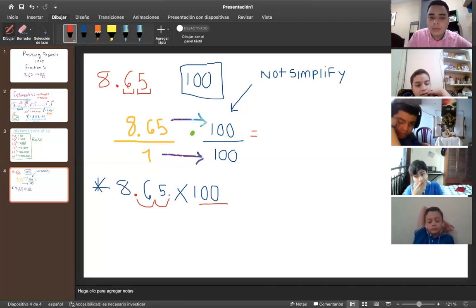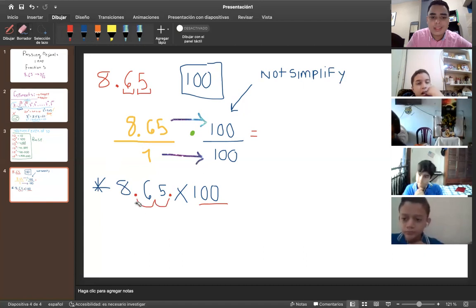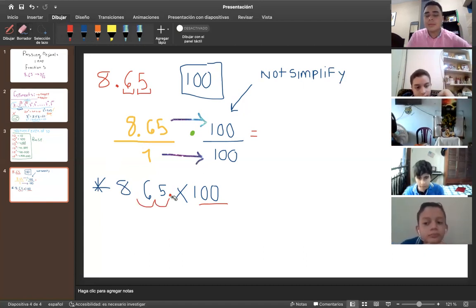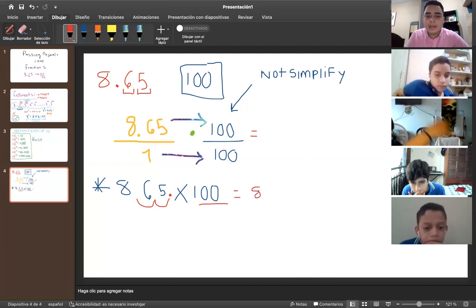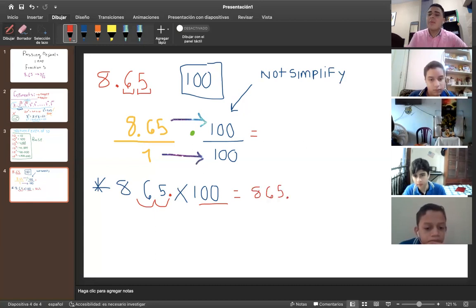We erase it from here and write it in here, okay? So if we do that, guys, we are going to have 8, 6, and 5, and the decimal point at the end. But when we have a decimal point at the end, we don't need to write it, guys. We can leave it like that, okay?